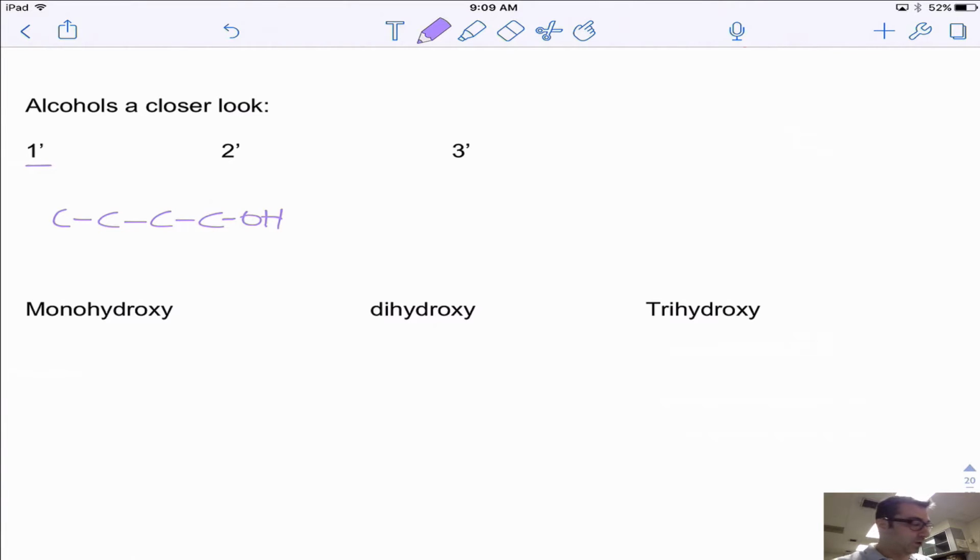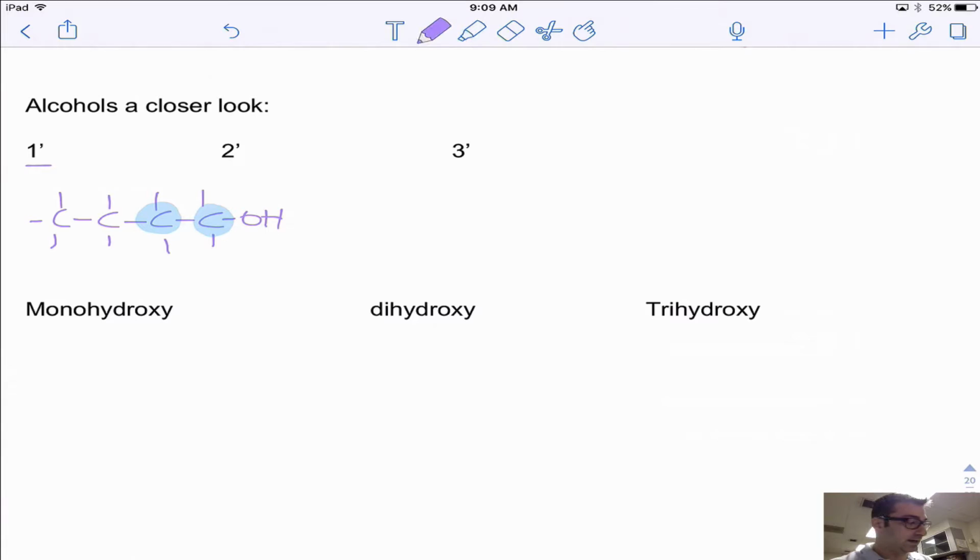Now, why do they call it primary? Well, if I fill in all the hydrogens here into this chain, primary alcohol means that the OH is attached to a carbon that is attached to only one other carbon. That is why they call it primary. So the OH is attached to a carbon at the end of the chain.